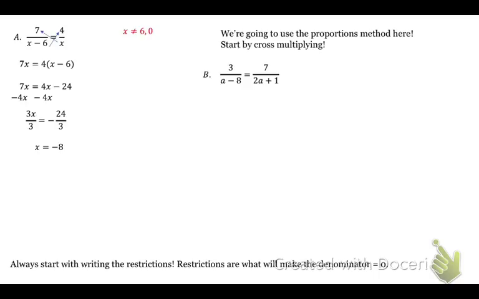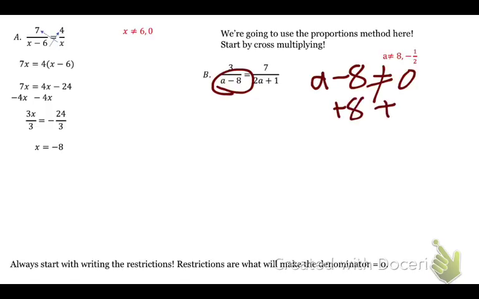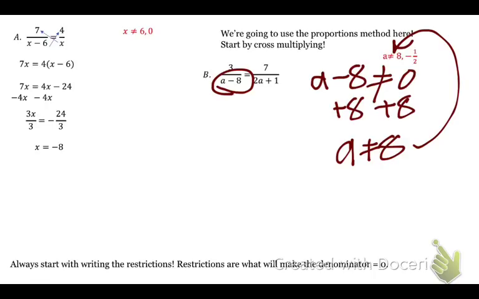Okay, let's look at this one. We have 3 over a minus 8 equals 7 over 2a plus 1. We have to write our restrictions. a cannot equal 8, and a cannot equal negative 1/2. Now, remember to get those restrictions, I'm going to say that a minus 8 cannot equal 0. Add the 8 over, so a cannot equal 8, which is where that one came from.